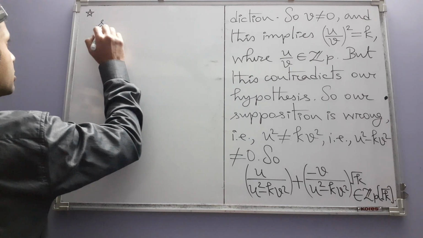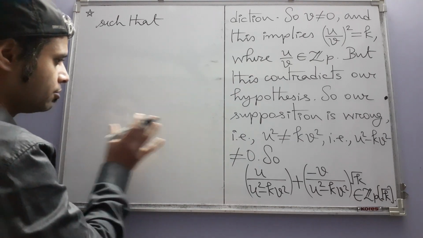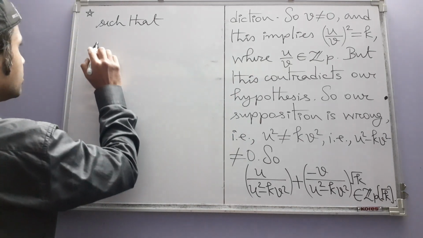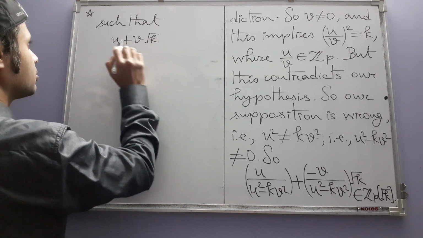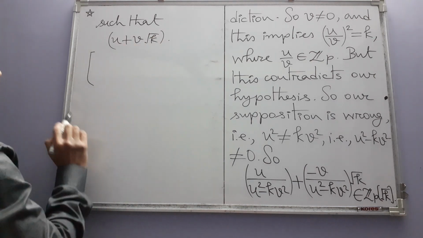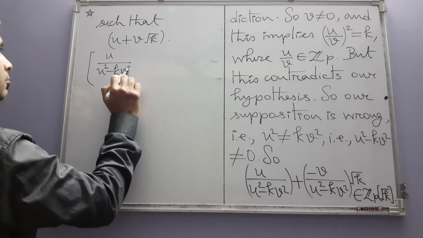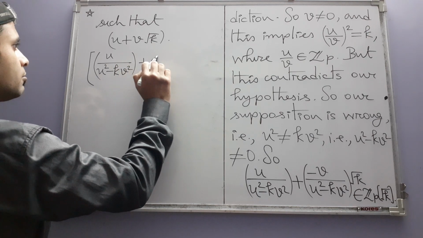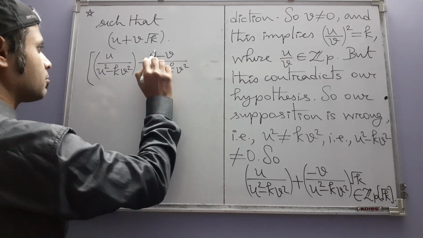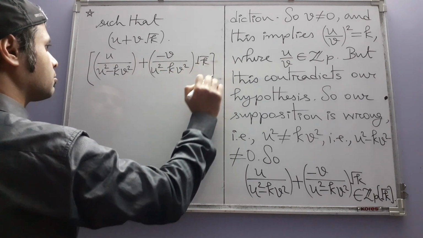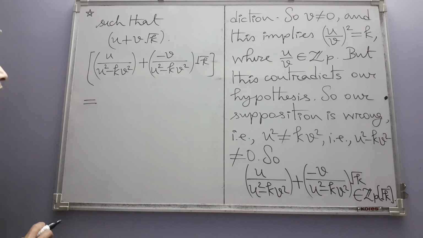Because multiplication is commutative, you just need to see one of the two products, and by that I mean u plus v root k times this, minus v divided by... and keep in mind we are dealing with multiplication, so we have to use the definition of multiplication.